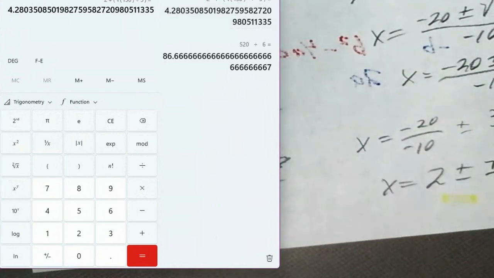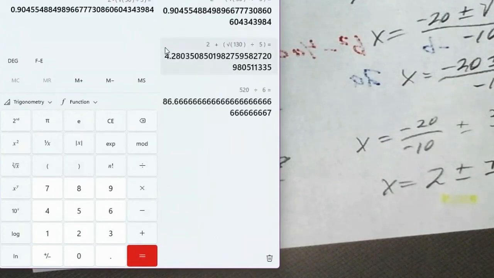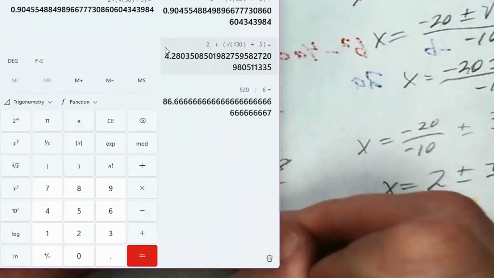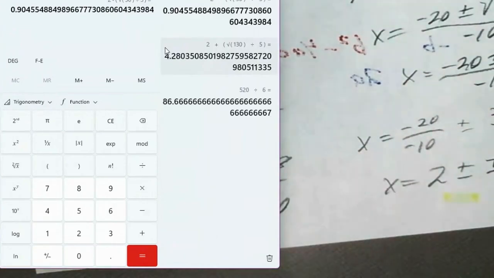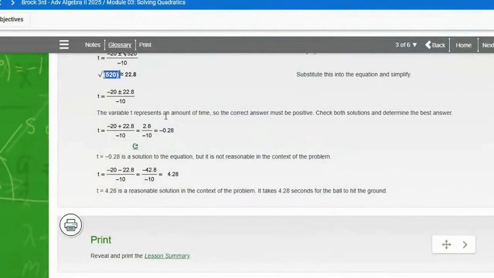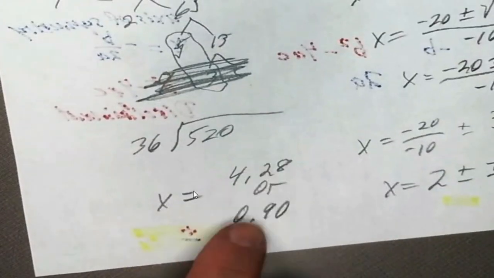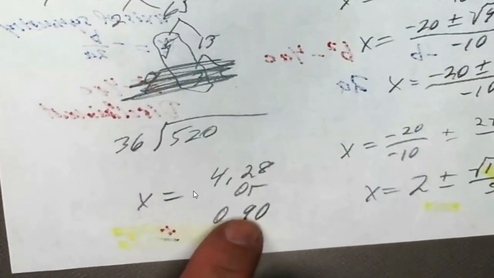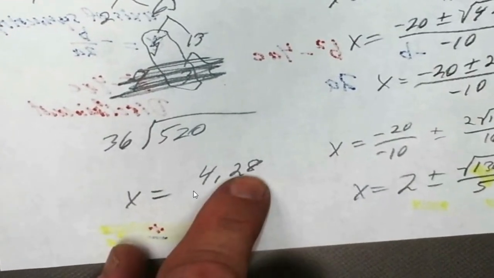Or 2 minus parentheses the square root of 130 divided by 5. I just want to see if we got the same thing they did because we tried to stick with the radical and they got 0.28 and 4. Okay, I got this one the same. I must have done something wrong on this because they did get 4.28.